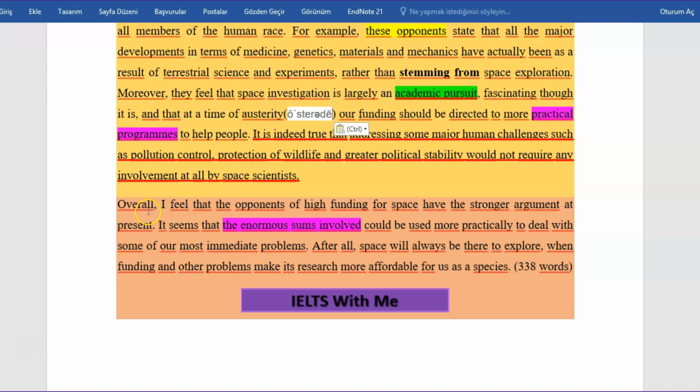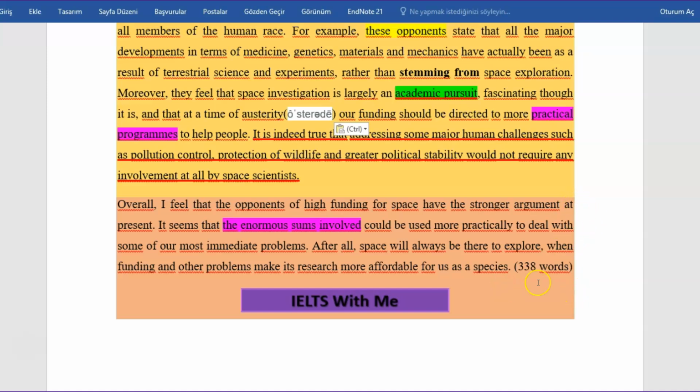It seems that, again, note the usage of impersonal style and academic collocations, the enormous sums involved could be used more practically to deal with some of our most immediate problems. After all, space will always be there to explore when funding and other problems make its research more affordable for all of us as a species.